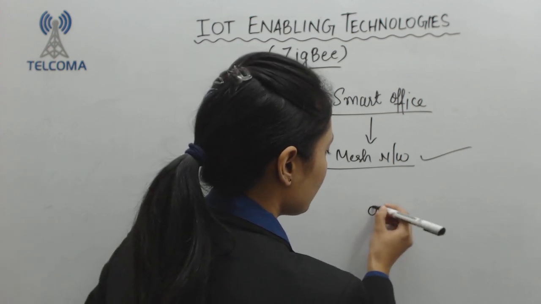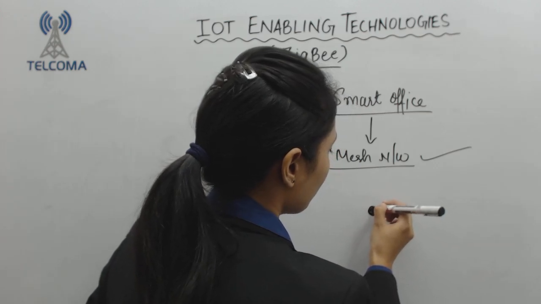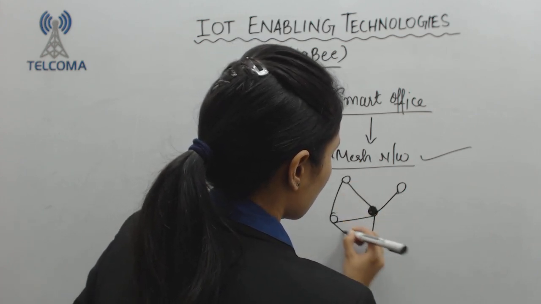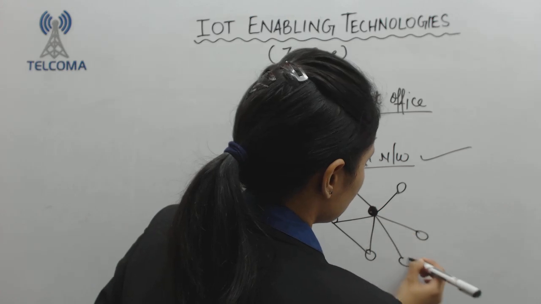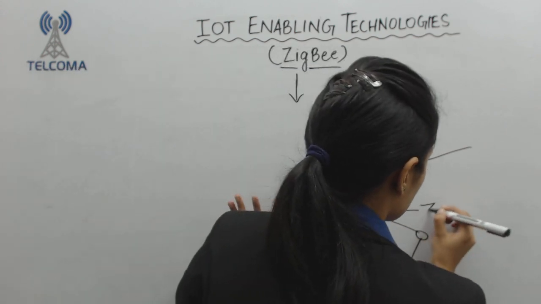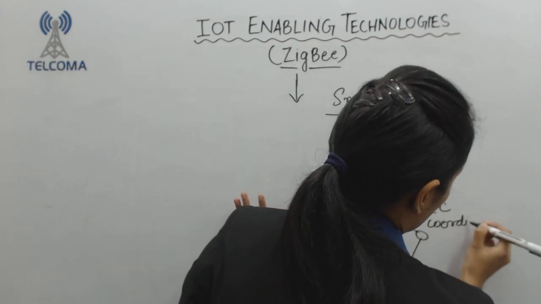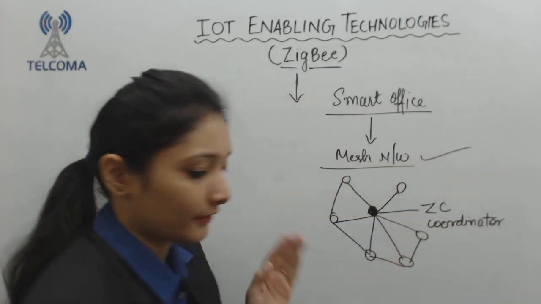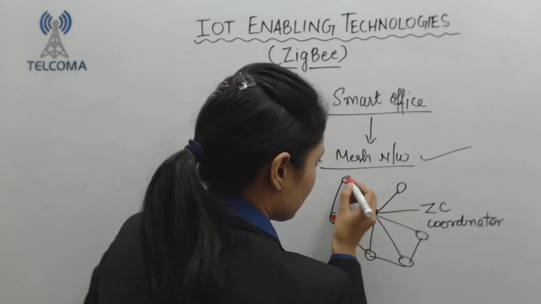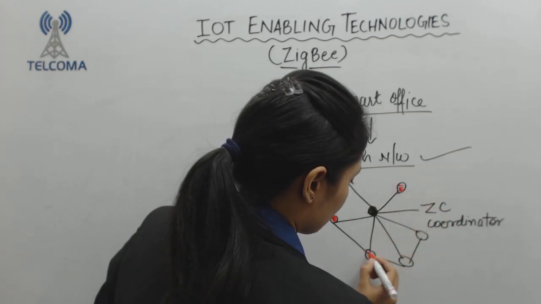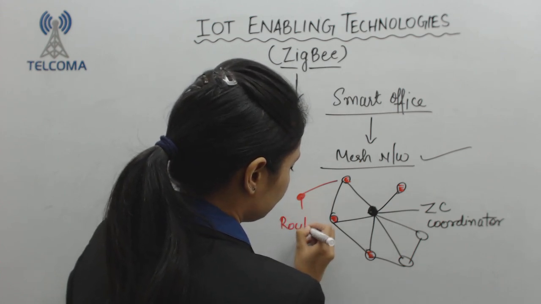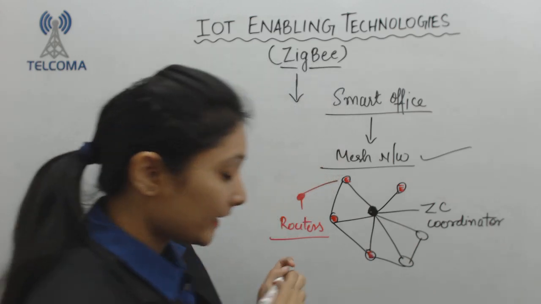Now, in that network, you will have a number of nodes here. Suppose this is your Zigbee coordinator here. Then you will have these routers, that is your full function devices here.